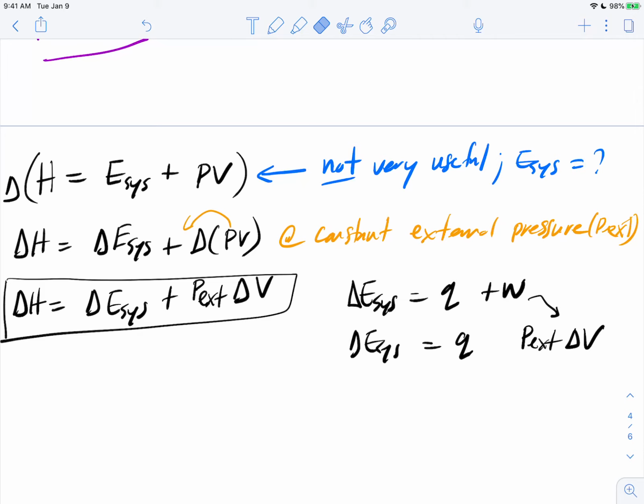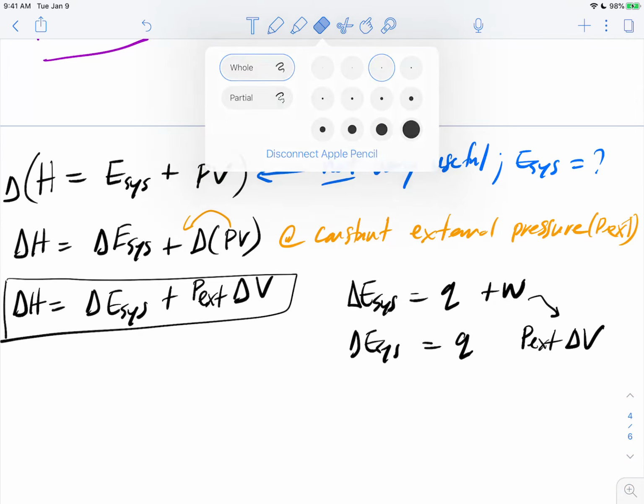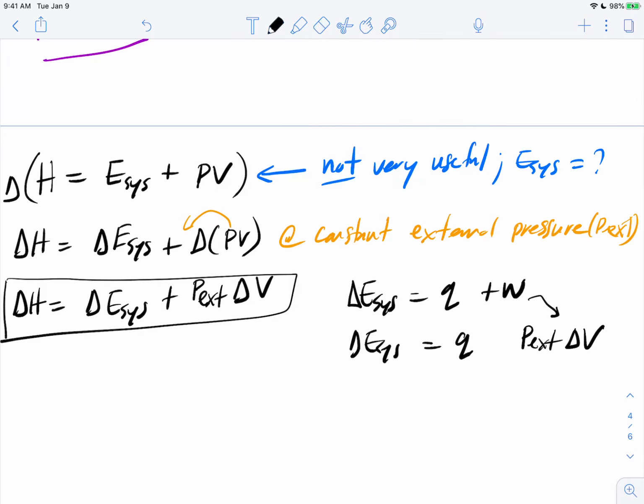So I'll write this to be plus negative P external delta V.